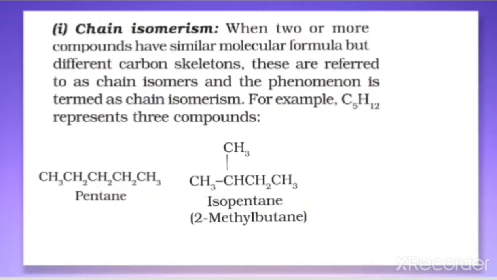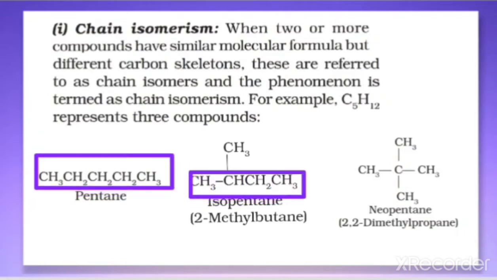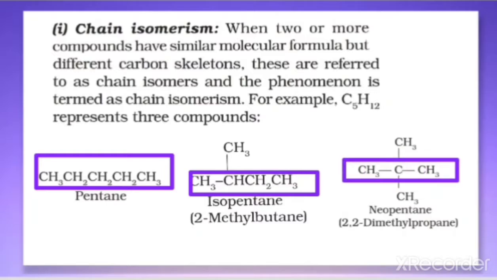Again, there is one more possibility. If we make the structure here, you can find that the number of carbon atoms is the same and the number of hydrogen is also the same. But what is the difference? The difference is in the number of carbons in the main chain. In this case this one is the main chain, and here this one is the main chain.